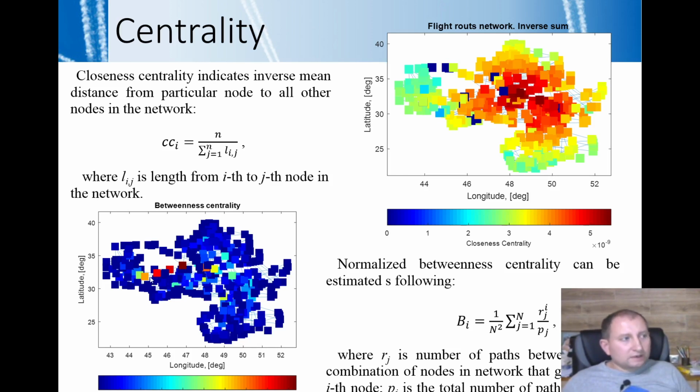It shows how often each node is used in the shortest path between two different nodes of the network.